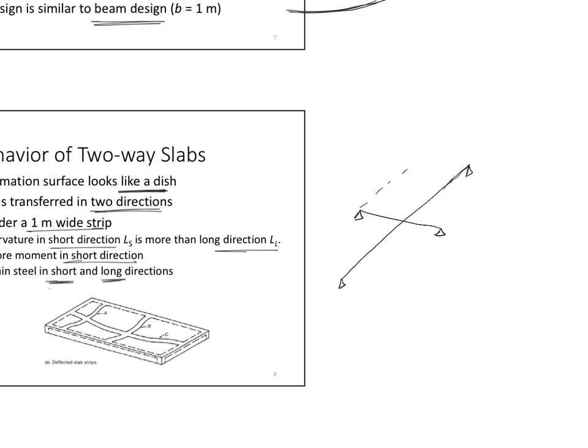If my slab was like this, and then I placed some load here, now both of them will be deforming exactly the same deformation because it is the same slab, right? So I will end up with the short direction deforming delta, if we call it delta, and then the long direction also deforming delta.